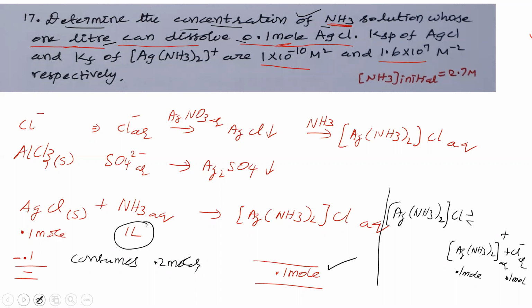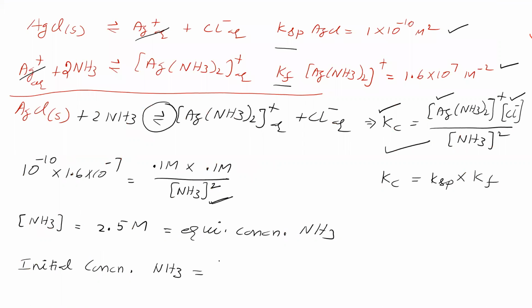Now at equilibrium, how much concentration is there? 2.5 molar is there. How much ammonia is consumed by silver chloride? 0.2 molar is consumed by silver chloride. Here the volume is 1 liter, therefore moles we are saying as molar. So silver chloride is consuming 0.2 molar ammonia.